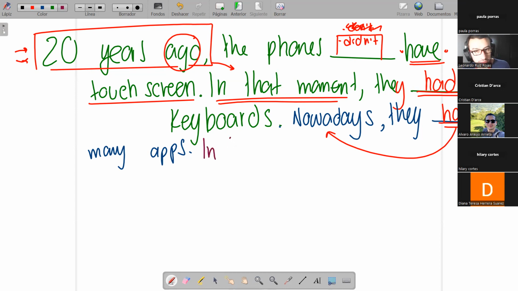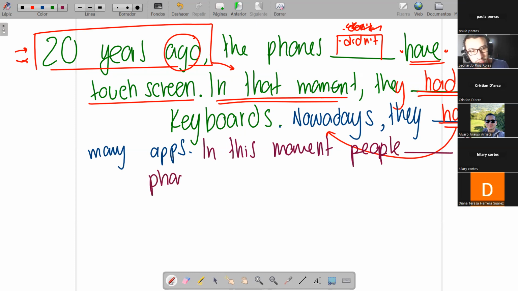In this moment, let's say that in this moment, people use their phones all day long. What can you put there? In this moment, the people use their phones all day long.